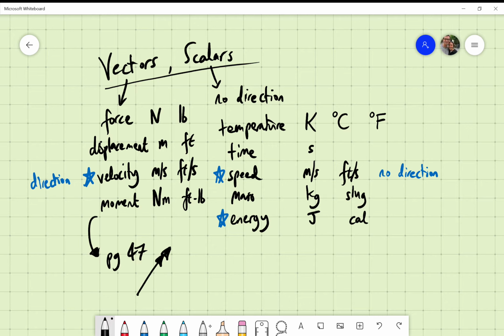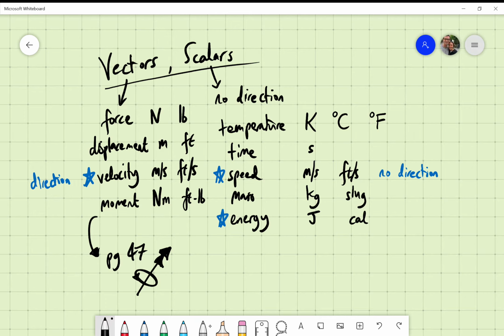You'd actually draw it with two heads, and it has a particular rotational aspect associated with it. It has to happen in 3 dimensions. You can't really do it in 2 dimensions, and if you want to read about it, you can. That's all I'll say about moment vectors for now. We will use moments, but we won't use them as vectors in this course. Okay, so focusing on vectors.